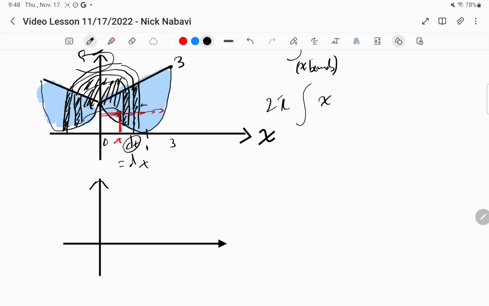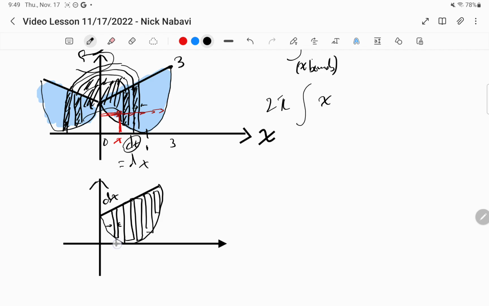Let's do that. All right, basically, what we're doing here is we're taking these vertical rectangles along this shape that looks like Spider-Man's lenses. Okay, these have infinitesimally small thickness.